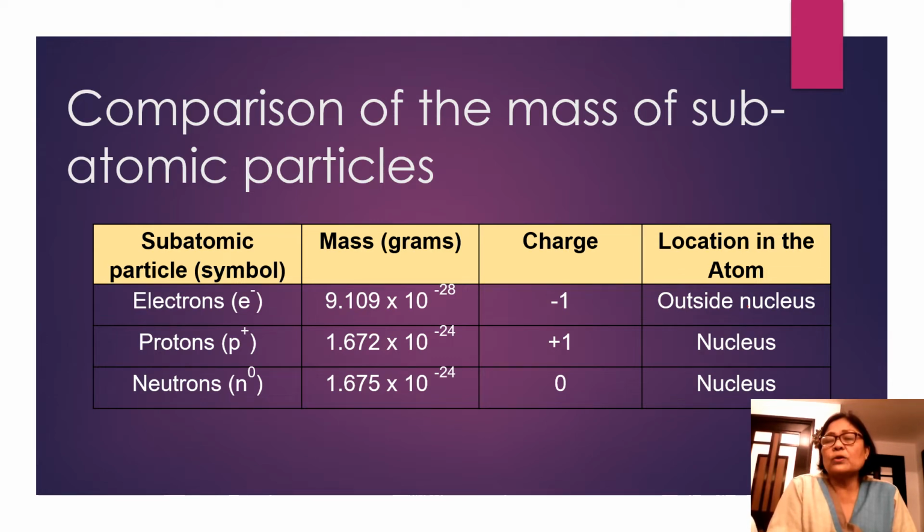Mass of protons is 1.672 times 10 raised to negative 24 and mass of neutrons is 1.675 times 10 raised to negative 24.